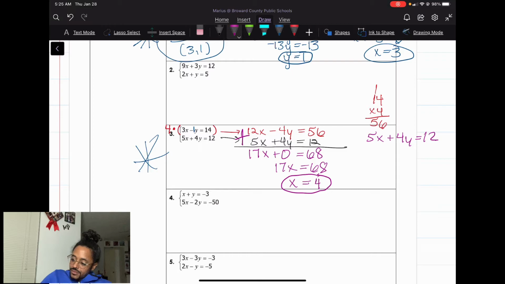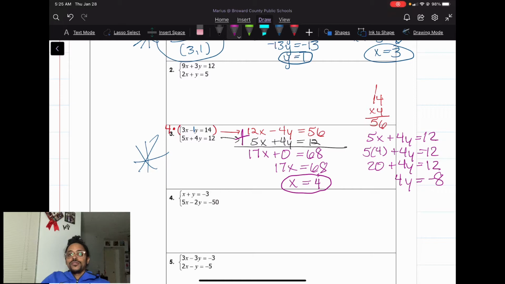So now that becomes 5 times 4 plus 4y equals 12. That becomes 20 plus 4y equals 12. We subtract 20 from both sides because we want to get the 4y by itself. So that becomes 4y equals positive 12, negative 20. That makes negative 8. And then now our last step, divide both sides by positive 4. And negative 8 divided by positive 4 is negative 2. So now we have our solution.